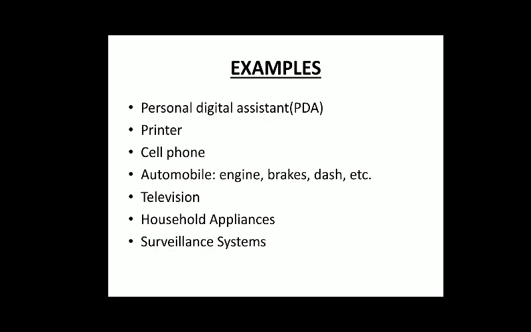And your surveillance system, which is for security purposes, like a camera outside your home which is connected to your computer, or some surveillance systems directly feed into your mobile phone. So these are the examples.